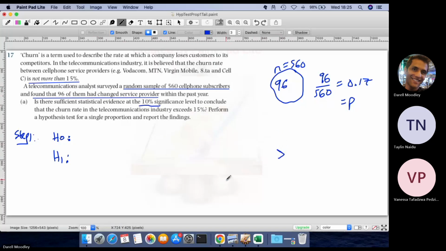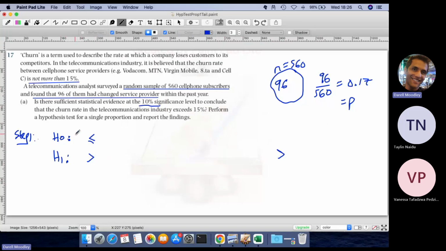With greater than, remember what we said last week? Of your H0 and H1, H1 will always take the strictly greater than or less than signs. So the greater than goes here, and the opposite of that, less than or equal to, goes in H0. Last week we were testing mu, the average, but this time we're testing proportions.